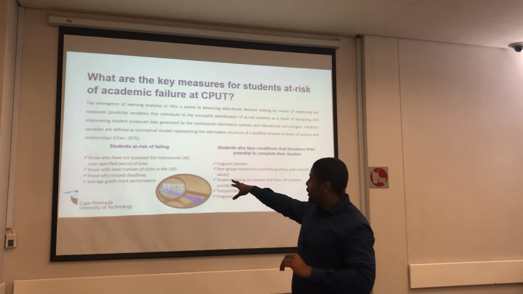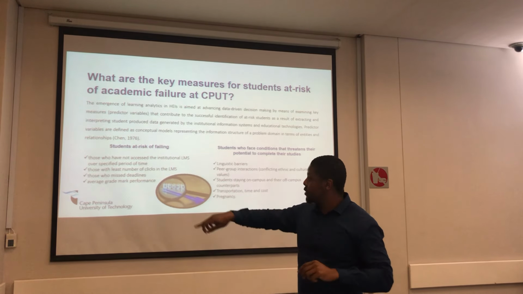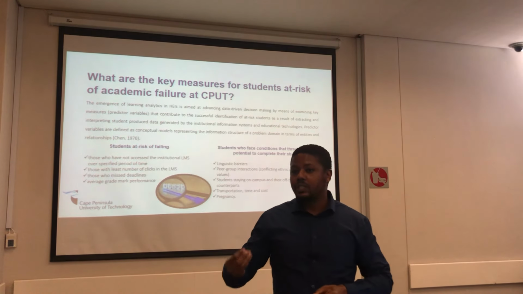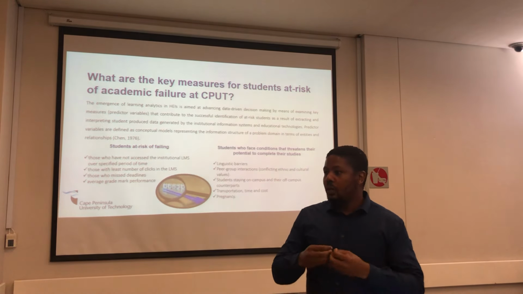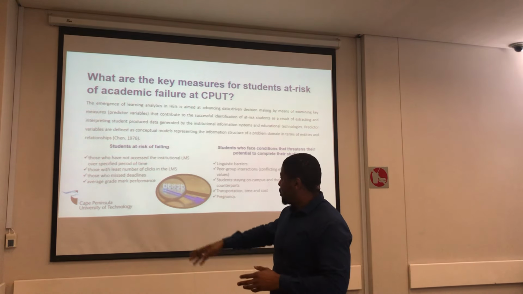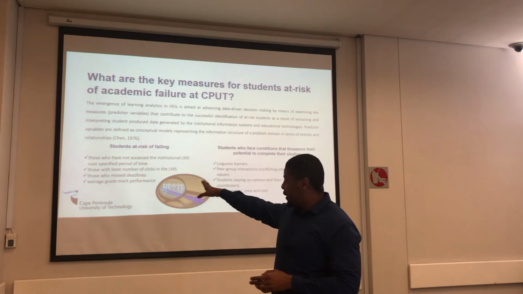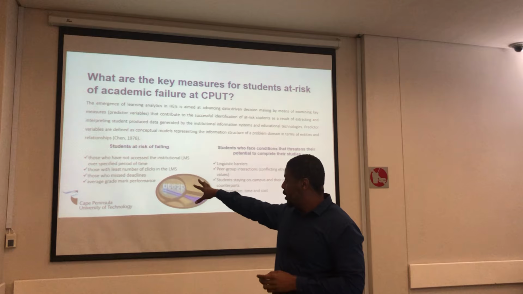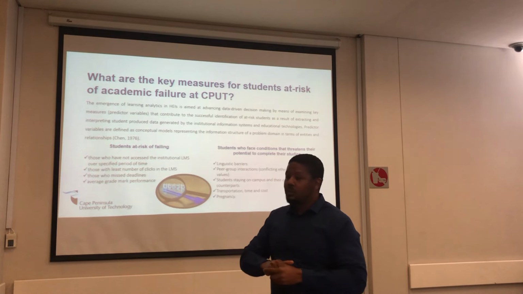So what you see in here, there are two things: the student at risk, and then the student who faces conditions that threaten their potential to survive or to graduate or to pass their modules, all right? So what we found out, those are the main 4 things. There are quite a lot more than this, but I just put those. First, those who have not accessed the institutional LMS.